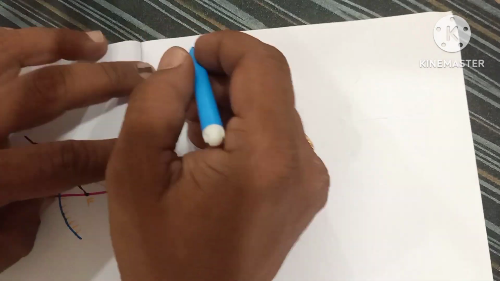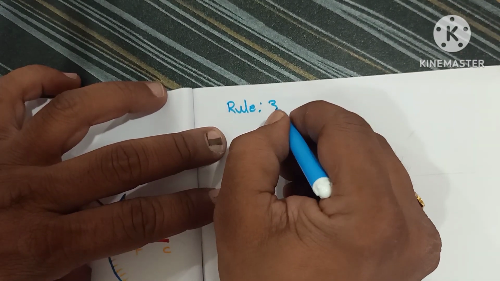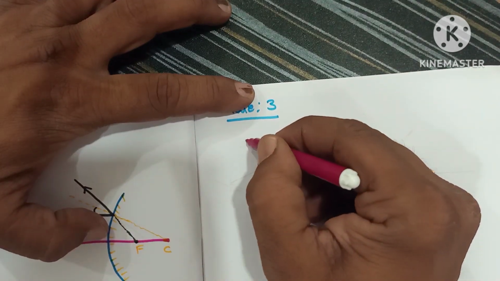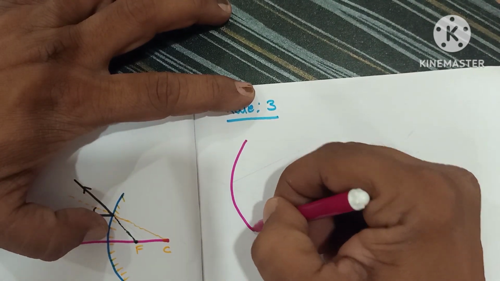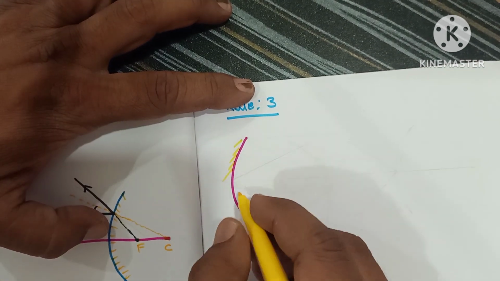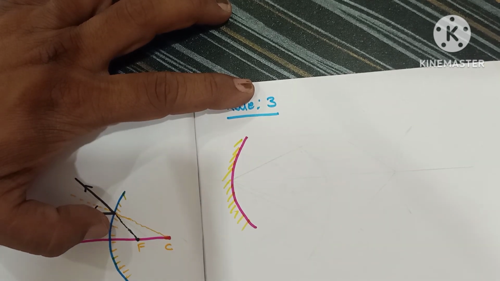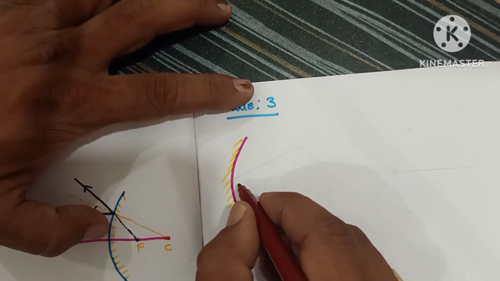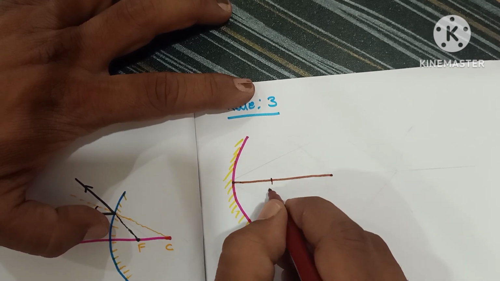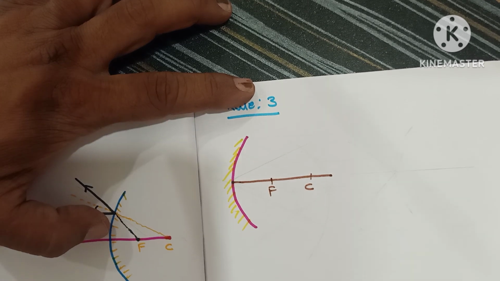Okay, now we will go for rule number 3. For that I am considering a concave mirror. Now this is a concave mirror. This is a principal axis where it will have focus and center of curvature.